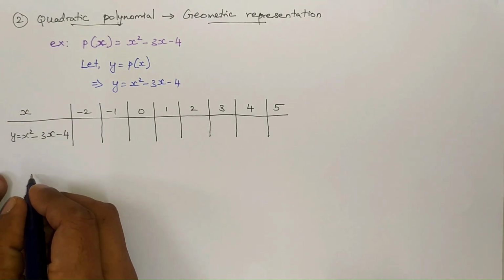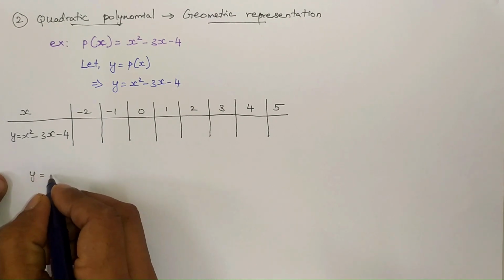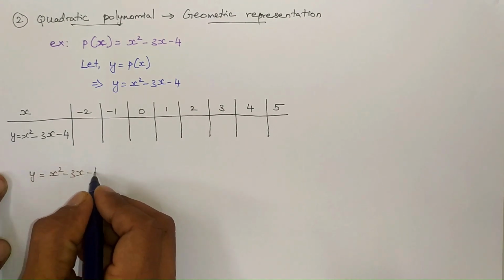So I have the polynomial y is equal to x square minus 3x minus 4.